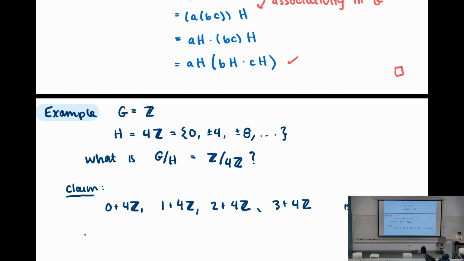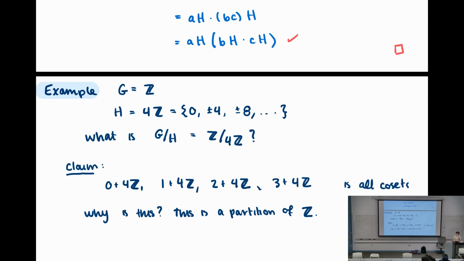So why is this? This is a partition of the integers. Say I have some element A in the integers. Which coset does it belong to?